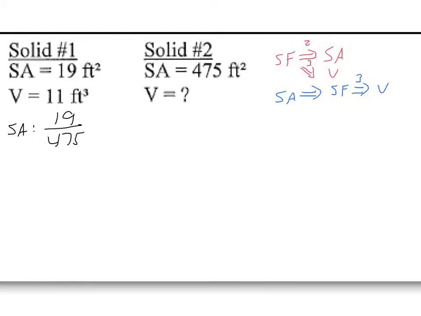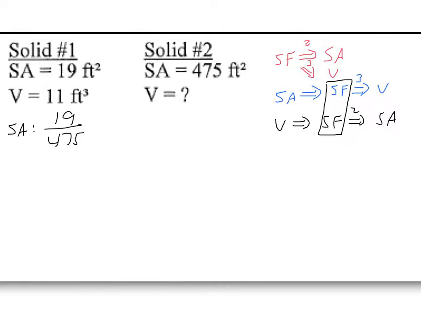If I give you the ratio of volumes, you have to first find the scale factor from it, and then you can square it to get the ratio of surface areas. So notice that all require you to find the scale factor to find the other pieces. If you get the scale factor, you're set.